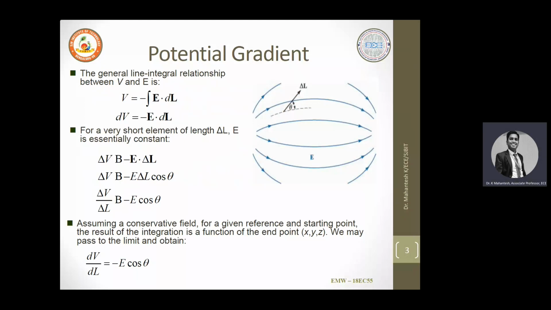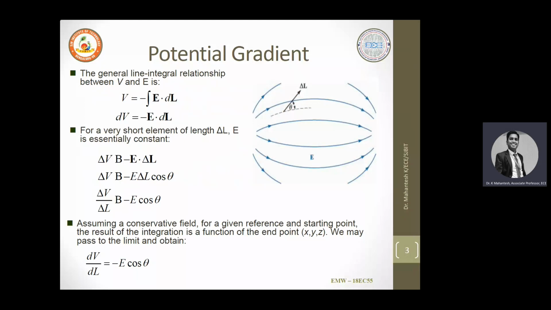Therefore, delta V is equal to minus E dot dl. Therefore, delta V by delta L is equal to minus E cos theta. From the scalar or dot product expansion, A dot B is equal to AB cos theta. Similarly, delta V by delta L is equal to minus E cos theta.